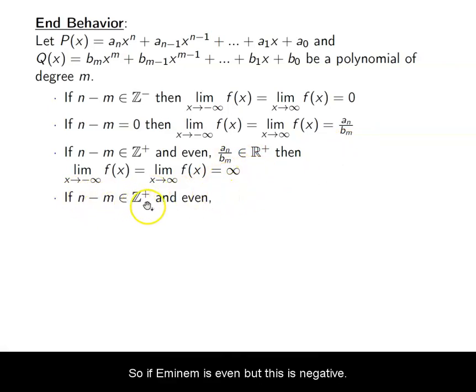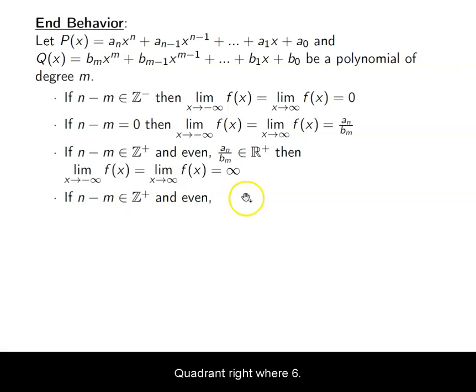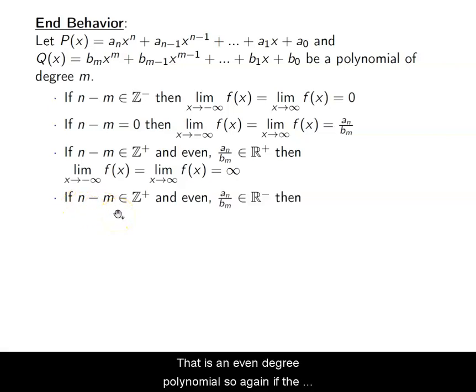So if n minus m is even, but this is negative, it's going to act like a negative valued even degree polynomial, because n minus m is like a square or a quartic, right? Or a sextic, or whatever that is, an even degree polynomial.